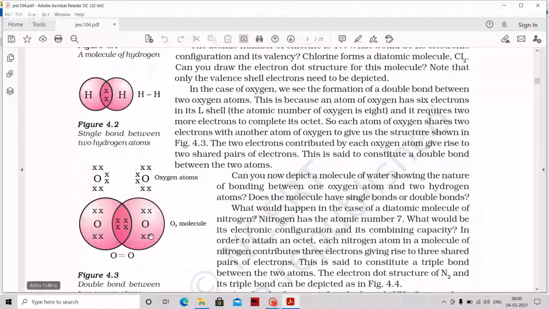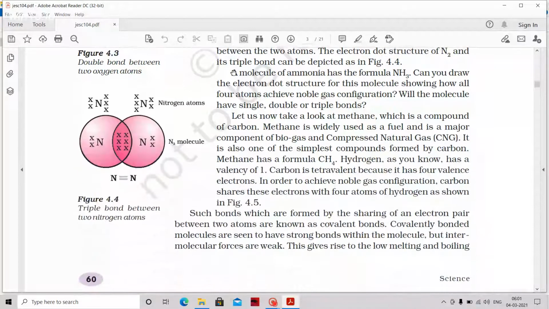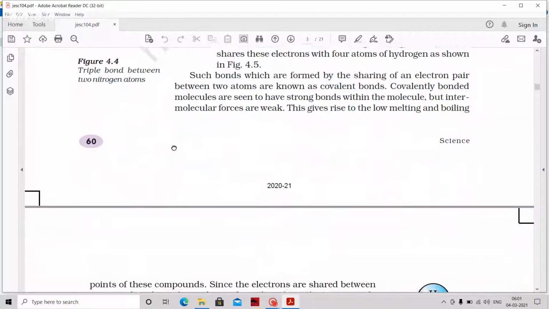Similarly, we have also seen how the oxygen molecule is formed. The oxygen atom has 6 electrons in its outermost shell. Two pairs are shared between both oxygens such that each gets 8 electrons. And we also saw nitrogen, N2, where a triple bond forms because 3 pairs of electrons are shared between both nitrogens. Such bonds we generally call covalent bonds.